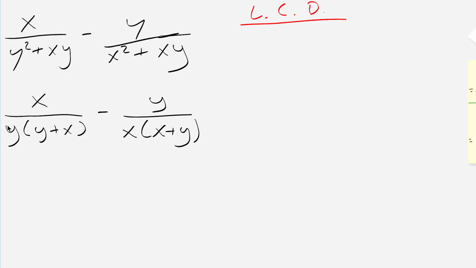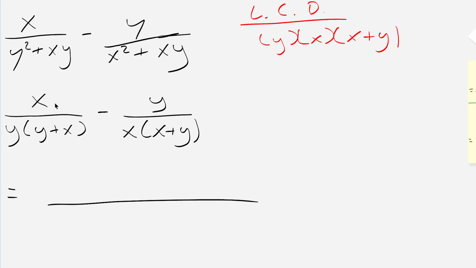So I can see in this particular example, my lowest common denominator will be y multiplied by x plus y. It's important for us to remember that y plus x and x plus y are really the same thing. So both denominators contain an x plus y, which is why we want to factorize them to spot that. So continuing on here, our lowest common denominator therefore is y times x plus y.